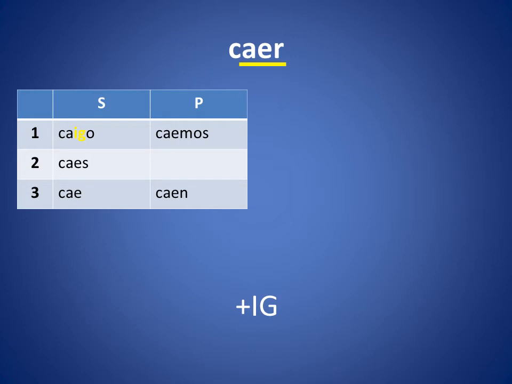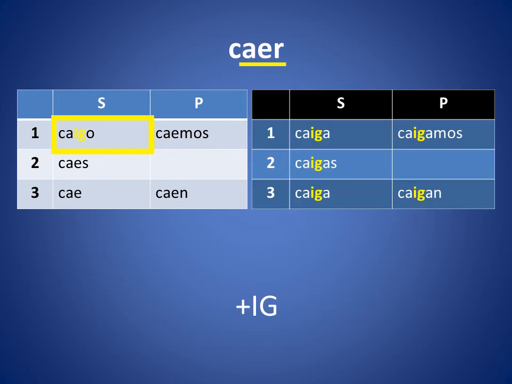And since this is a first person singular stem changing verb, or a yo changer, what do you think is going to happen when we go to conjugate the simple present subjunctive? We're going to use caig as our basis on which to conjugate all of the subjunctive conjugations of this verb, rather.